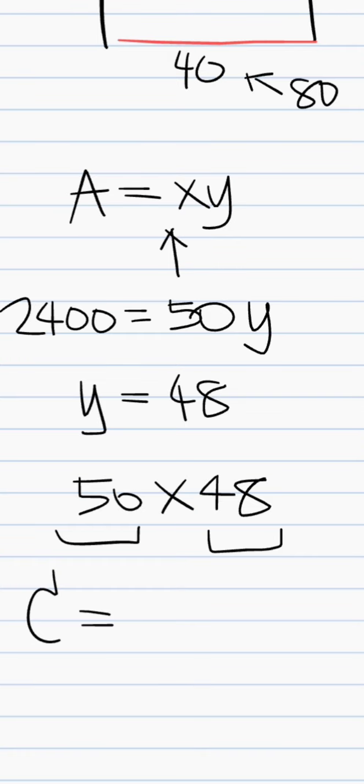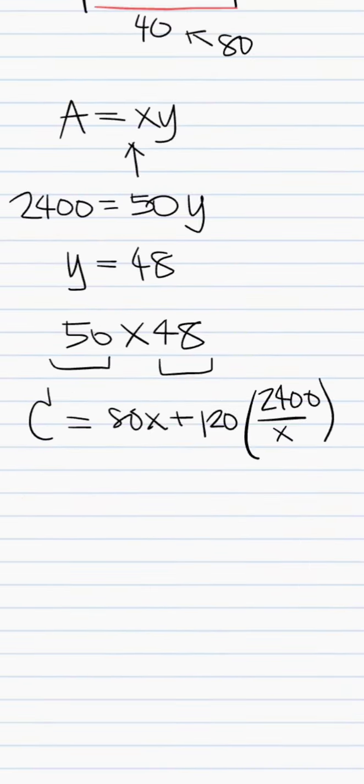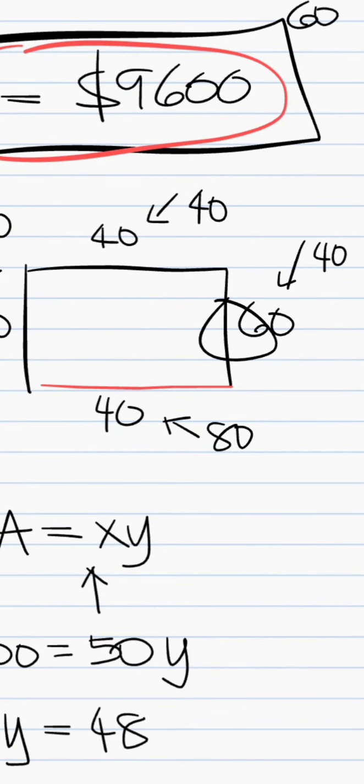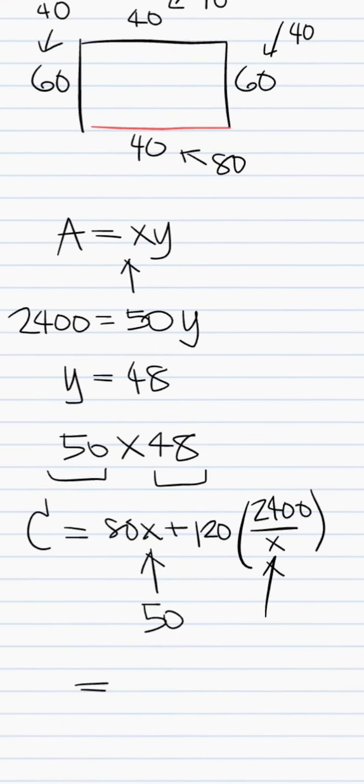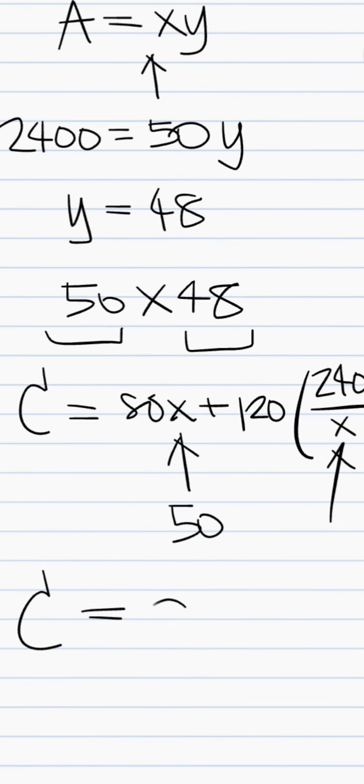That is 80x plus 120, substituting here 50. So what we did is make this length lesser. Then the cost will become $9,760.